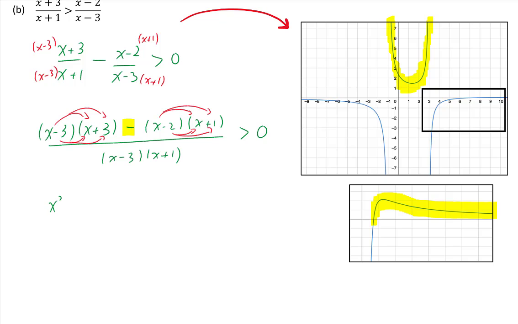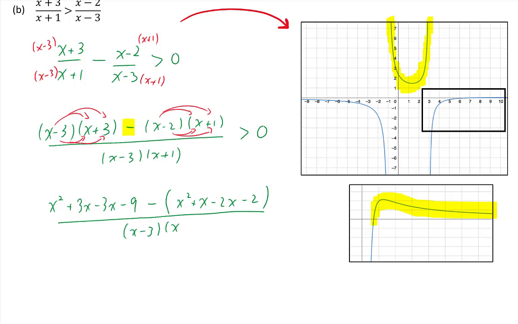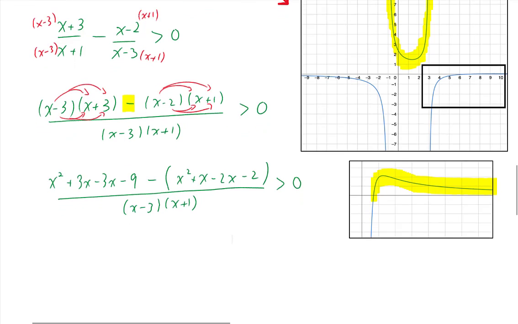So what we get is x squared plus 3x minus 9, and then minus, don't forget the bracket here, x squared plus x minus 2x minus 2. We need that bracket because we're subtracting everything in that second set of factors. Bottom, we have x minus 3 and x plus 1, and still greater than 0.